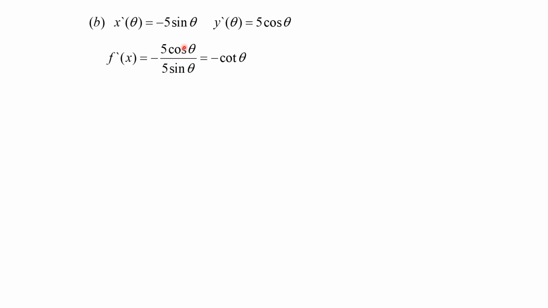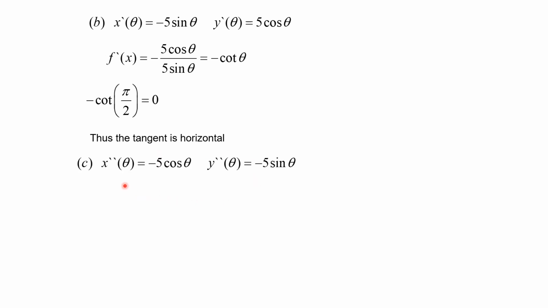So f prime is y prime over x prime, and you can further reduce this to 1 over tangent, which is negative cotangent theta. So when you substitute pi over 2, you will reduce your answer to 0. Therefore, when dy dx is 0, the tangent is horizontal.